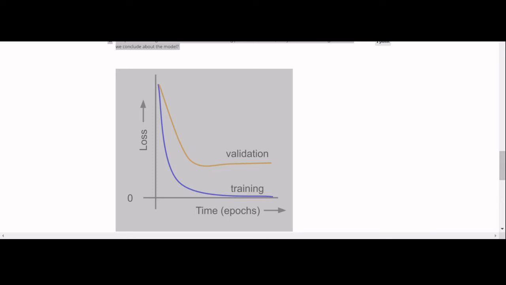First we have to take a screenshot of this, and then we can go further.